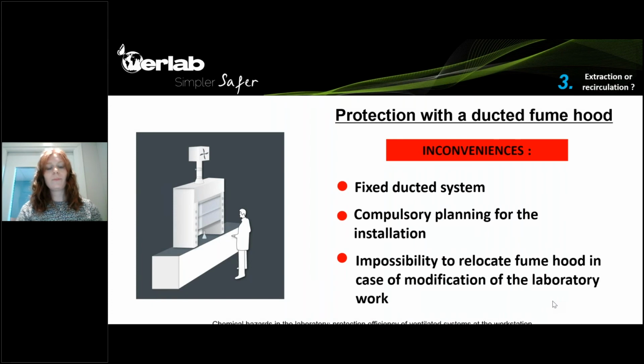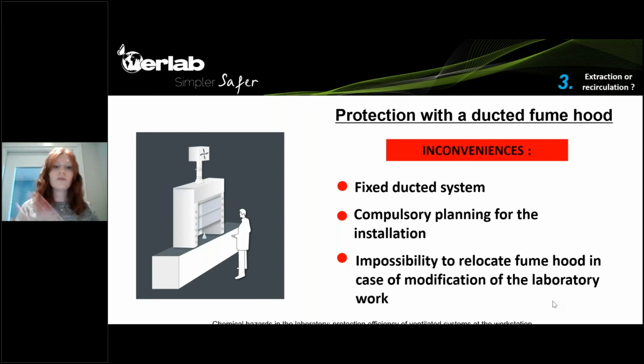And it is fixed to the ducted system. So as you know, the ducted fume hood needs to be placed exactly under the exhaust system, which makes it compulsory to plan for the installation beforehand, because the building needs to be adapted for it. So the projects need to be decided way in advance to be able to plan for the installation of the ducted fume hood.